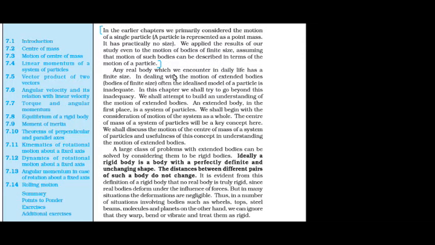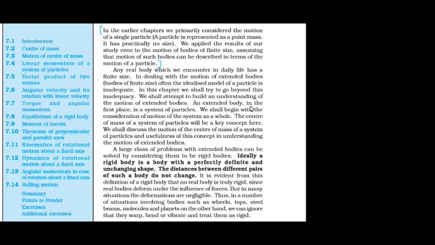A real body which we encounter in daily life has a finite size. In dealing with the motion of extended bodies of finite size, often the idealized model of a particle is inadequate. In this chapter, we shall try to go beyond this inadequacy. We shall attempt to build an understanding of the motion of extended bodies.